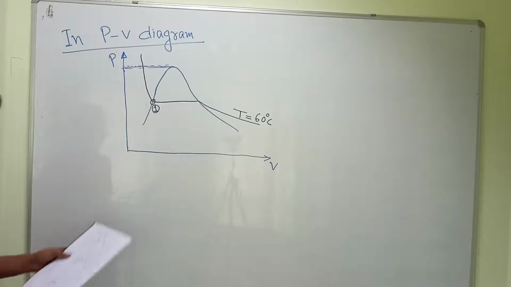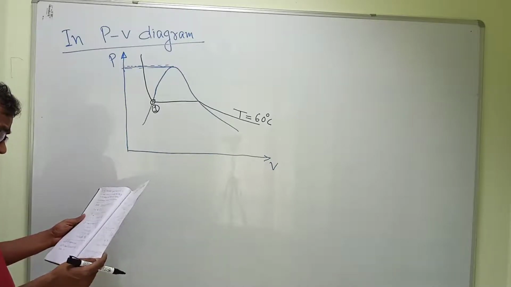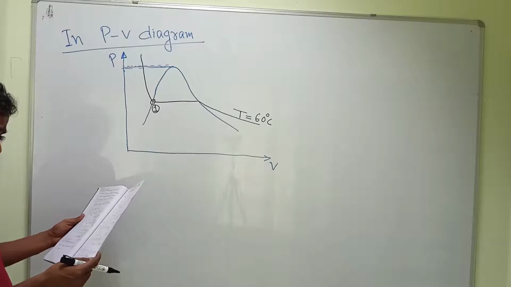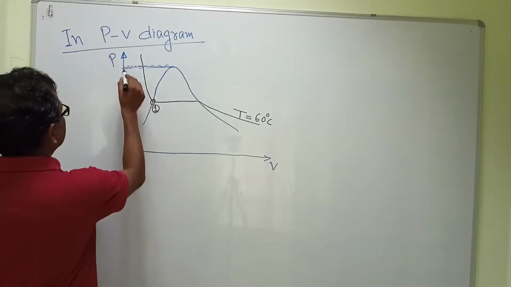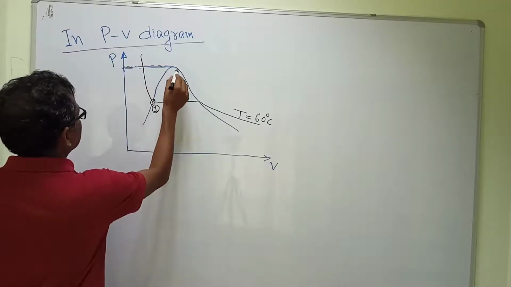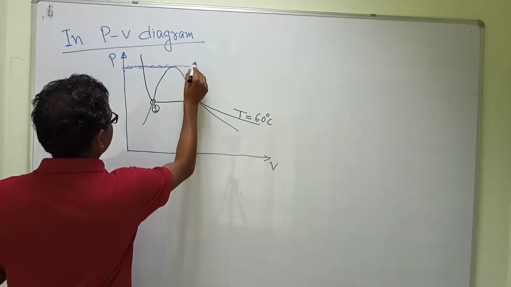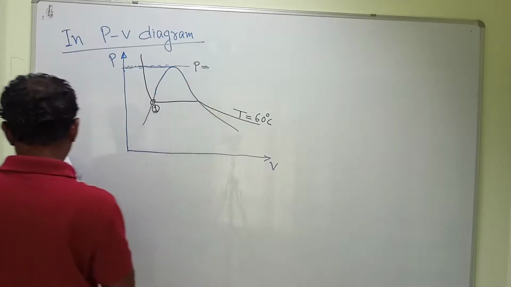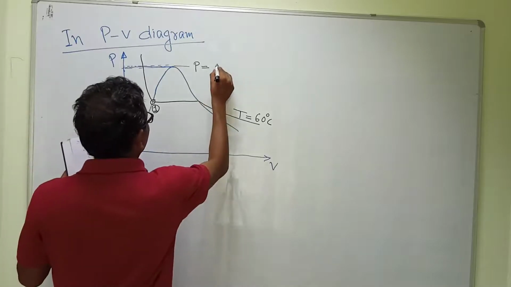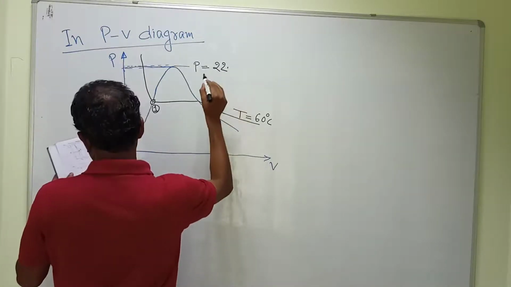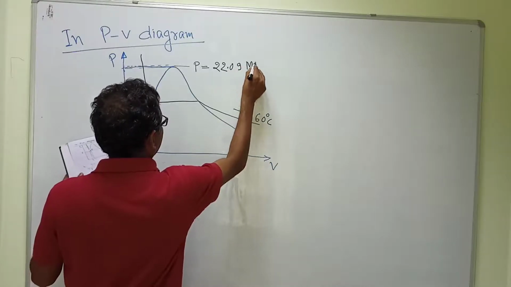Now state 2, the answer is 22.925 kilopascal. So the critical pressure is here, this line is P equal to 22.09 megapascal.